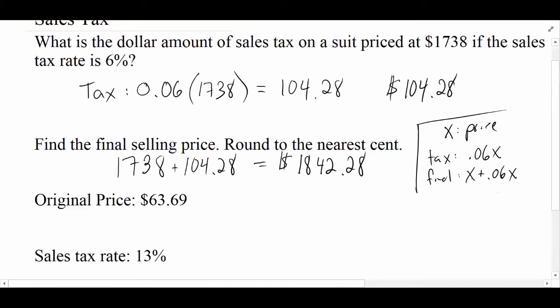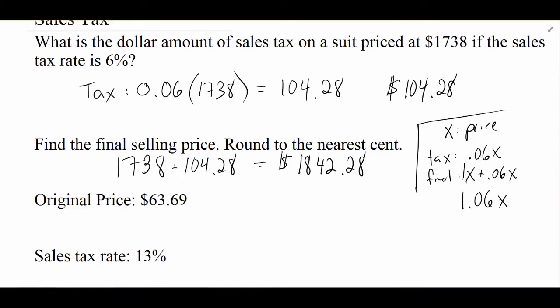Well, if I just combine like terms here and I realize this is 1x, what I really did is I said, let's do 1.06 times the x. And this should hopefully make sense that 1.06 is saying one full value of the original amount as well as 0.06 more.